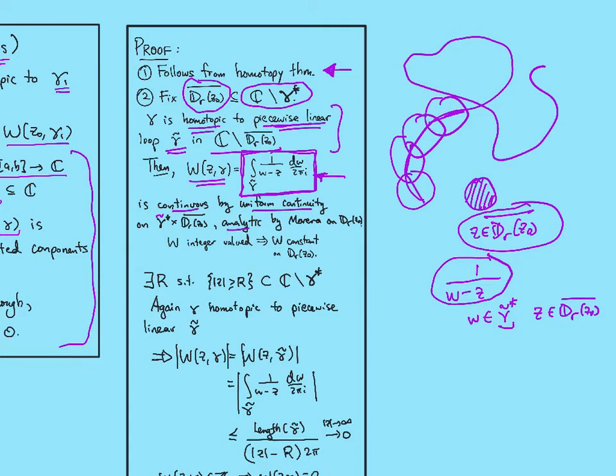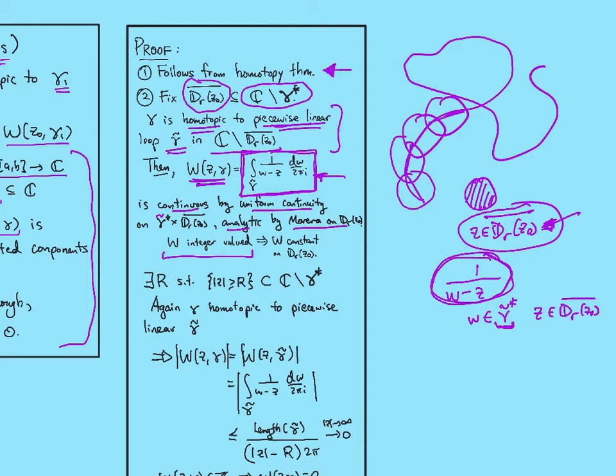So then this will be analytic by Morera's theorem because I can integrate this along triangles inside this open disk, and I can switch the two integrals again because our curve is now nice, it's piecewise linear, and see that since this is analytic, the whole function has to be analytic, but it's analytic and integer valued.